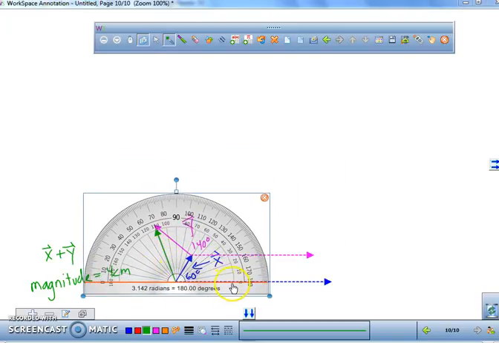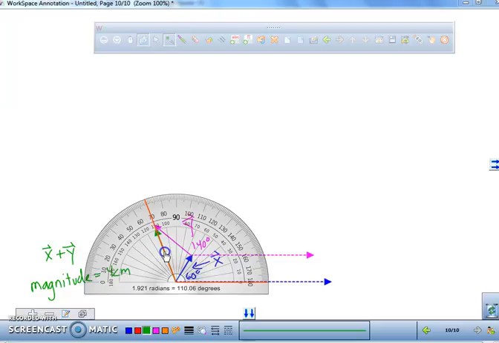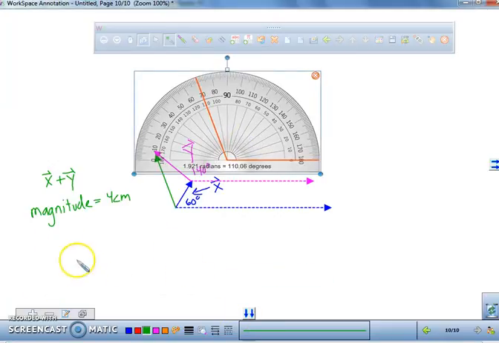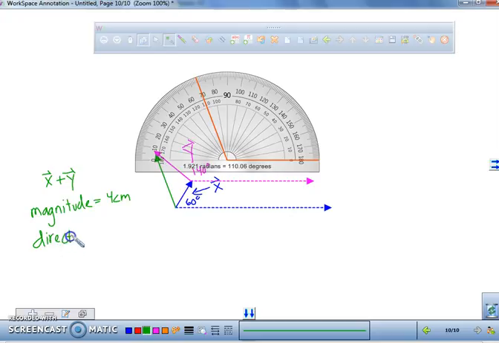How many degrees is it from here to there? 110 degrees. So the direction, everybody, right here, the direction was equal to 110 degrees.